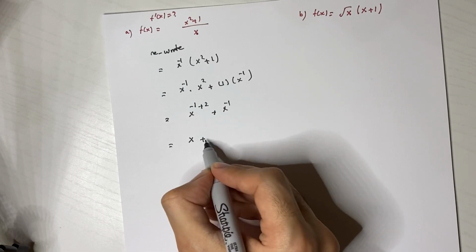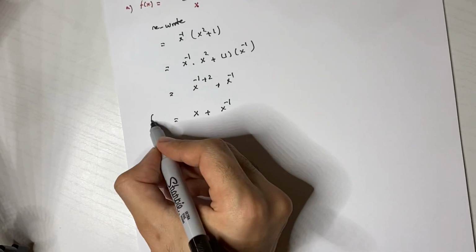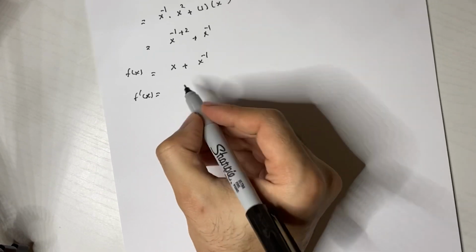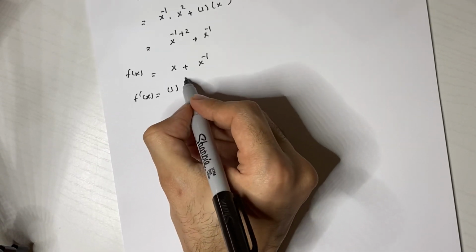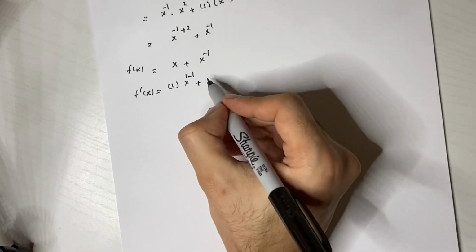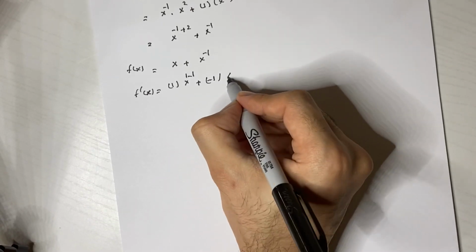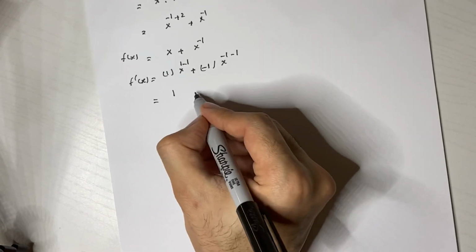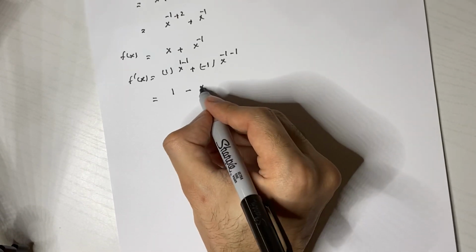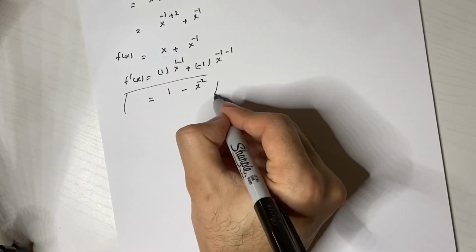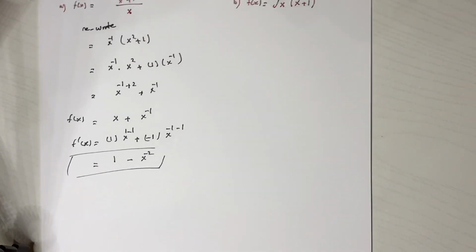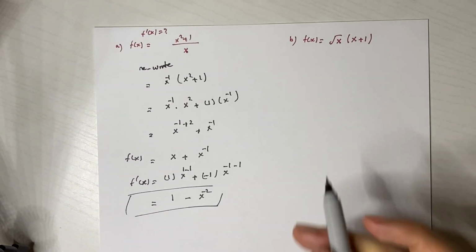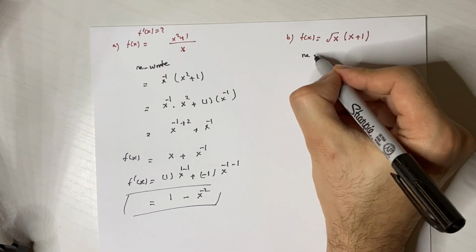So now it will be x and then x to the minus 1. Now we are ready to use the power rule. The power of x is just 1, and then the power will be subtracted by 1, and the same thing applies to x to the negative 1. That's our derivative.